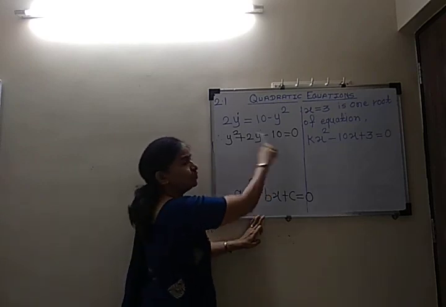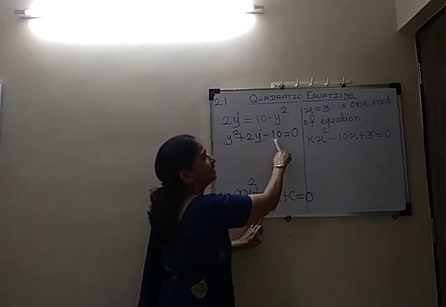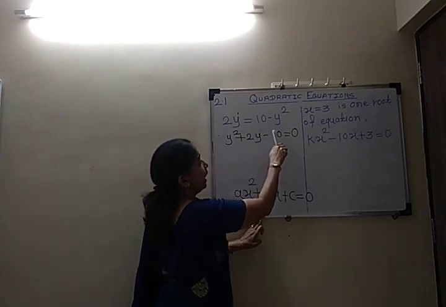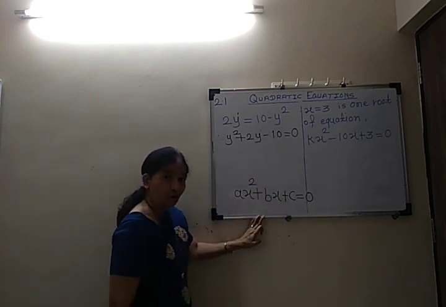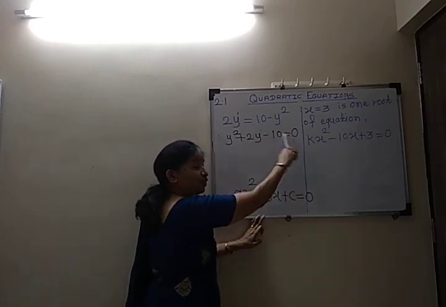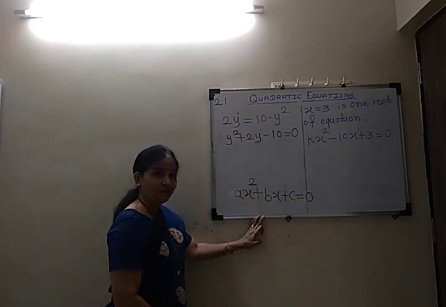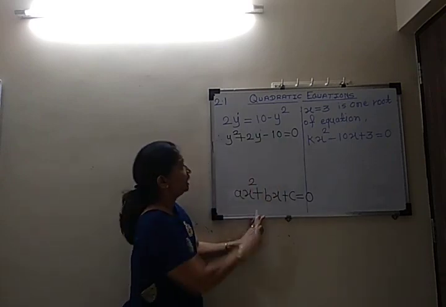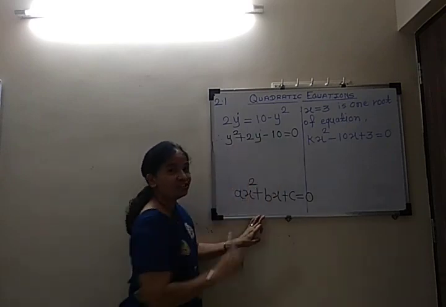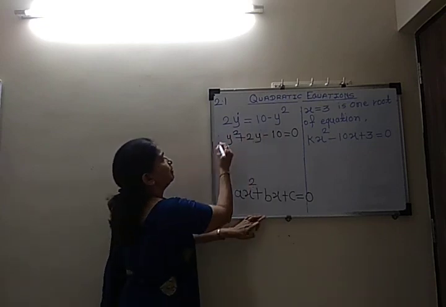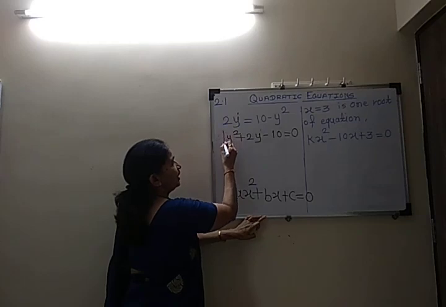Yes, it is minus 10. And on the right side is 0. Check whether you have written 0 on the right side or not. Yes, we have written 0, means this is the standard form of our equation.